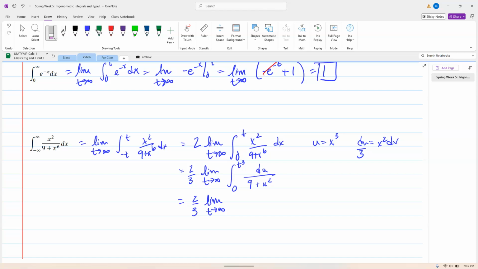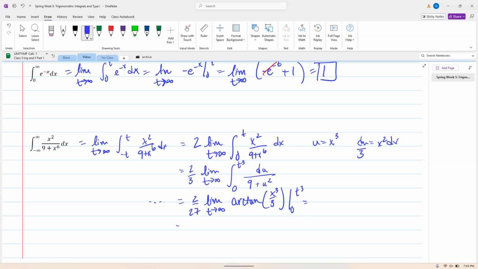So this would be actually 2 over 27, and then we'd have arctangent of u over 3. Let's just call it x cubed over 3. Okay, so I'm skipping some steps, and then evaluating this from 0 to t cubed.